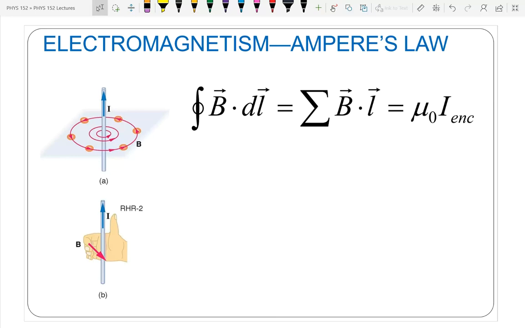And so I can determine the direction of the magnetic field going in circles around the wire by using that right-hand rule. Thumb in the direction of the current, fingers wrapping around the wire. Put the tips between the wire and the place you want to find the direction of the magnetic field. The direction the fingertips are pointing is the direction of the magnetic field.